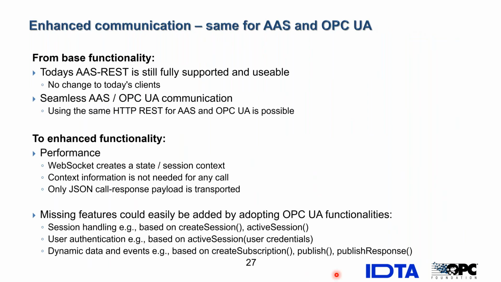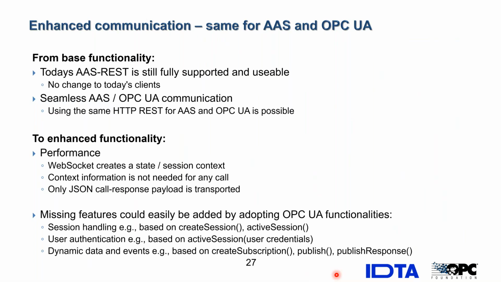What I talked about now is that we enhance our communication by removing overhead. But there are also more functionalities brought by the enhancement. First, I want to reiterate that the base functionality still allows for the use of today's AAS and OPC UA REST functionalities, meaning there are no changes required. And it's also possible to use the same HTTP REST for both AAS and OPC UA.